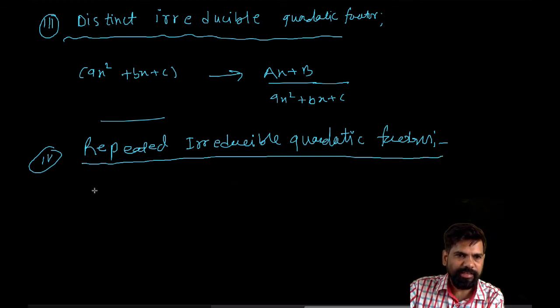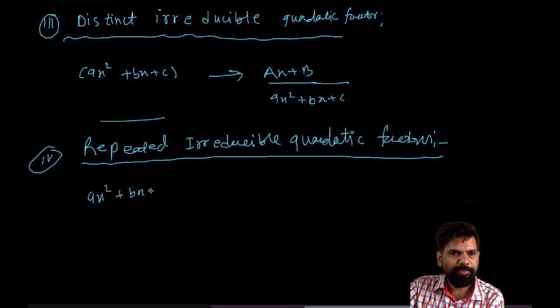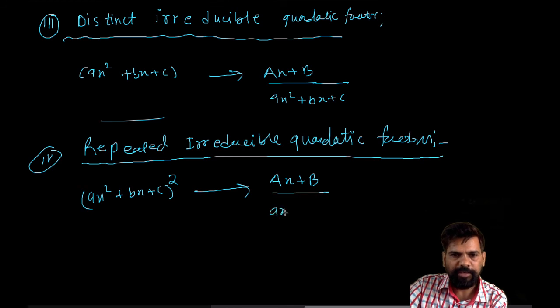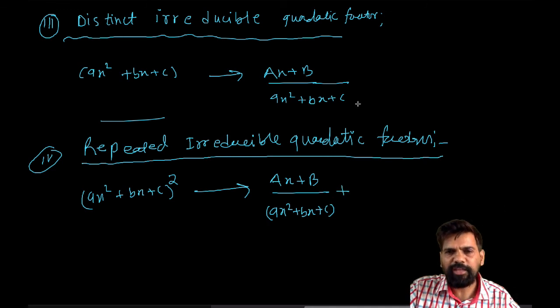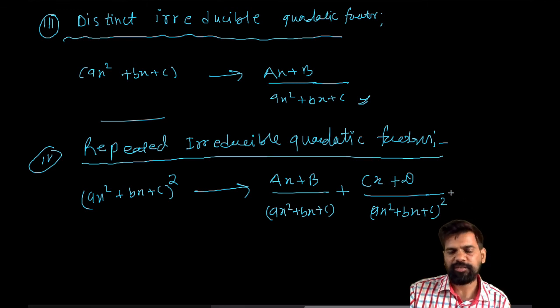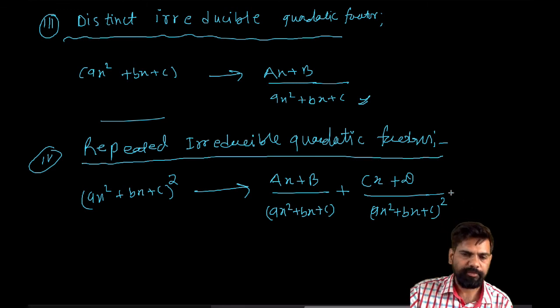If the denominator (ax square plus bx plus c) is in the form of a power, then we will have the partial fraction (Ax plus B) over (ax square plus bx plus c) plus another similar fraction, that is (Cx plus D) over (ax square plus bx plus c) to the power of 2. And this way we can solve such types of problems.